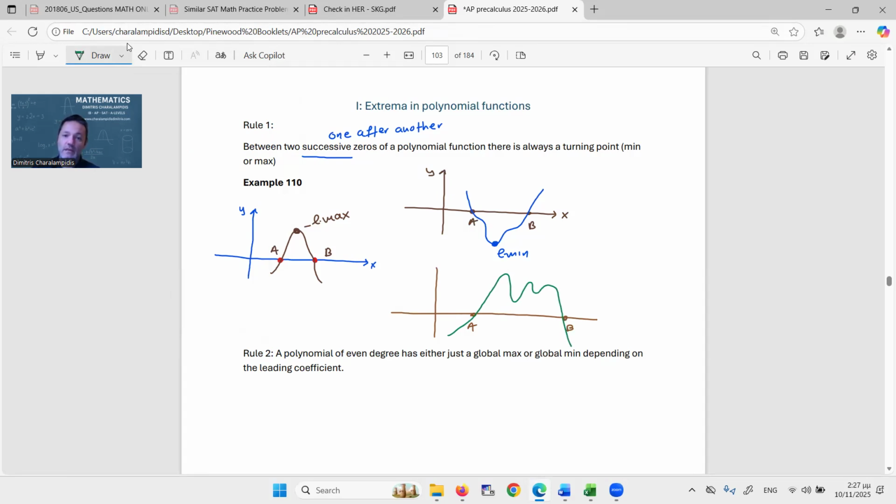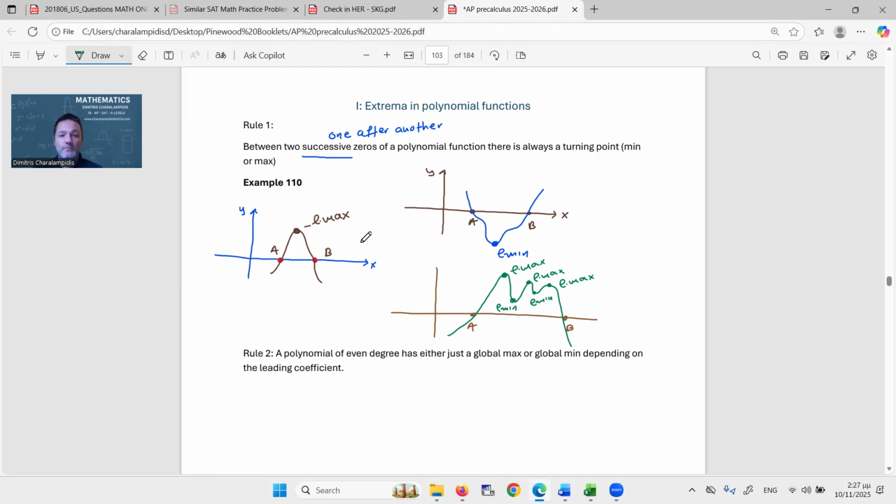You see here that this is a local max, this is a point of local min, this is a point of local max, this is a point of local max, and finally, this is a point of local min. But in any of all these cases, between two successive x-intercepts, there is always at least one turning point, either a local minimum or a local maximum.